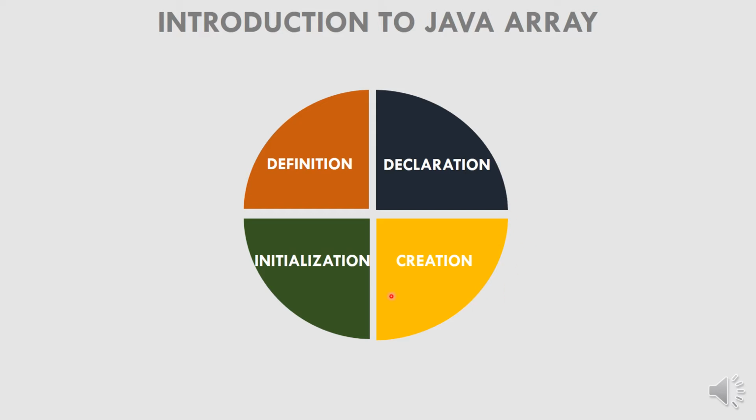After an array variable is declared, we can proceed to the next topic, which is creation of an array variable or object. And the last topic is about combining array declarations and initializations, which is explained in this topic. Okay, let's begin.